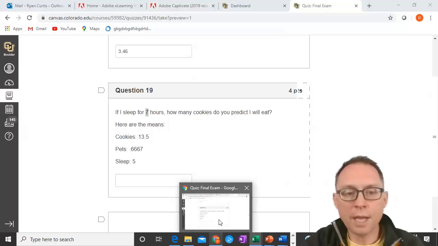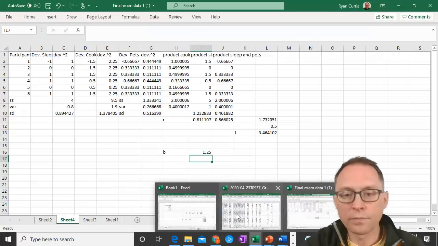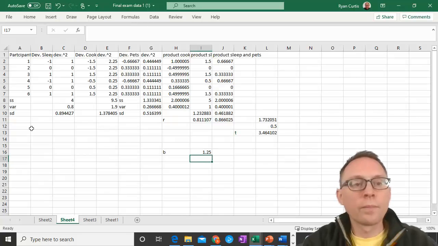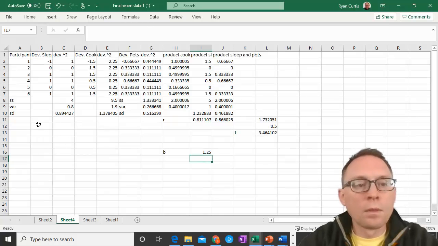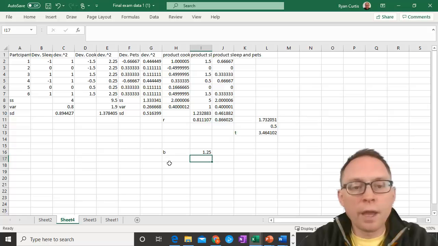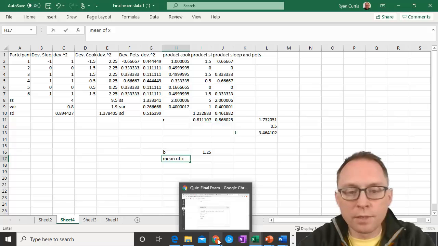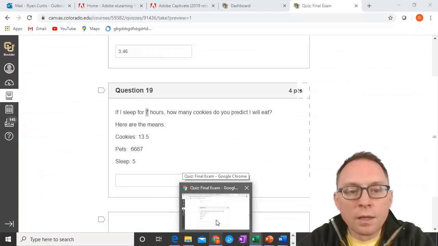Sleep is X, that's the mean is 5. So cookies, 13.5, sleep is 5. So here we go. So the mean of X is the mean of sleep. Now remember what that is. I just forgot in all honesty. It's 5. Okay.